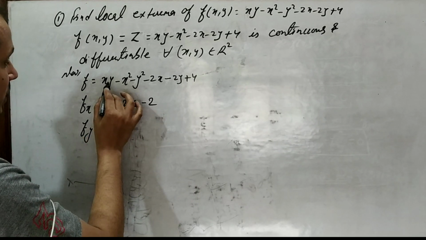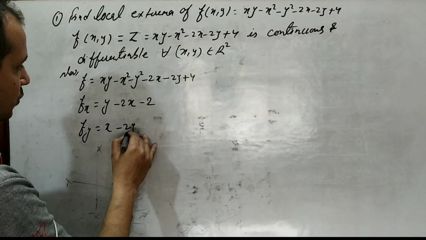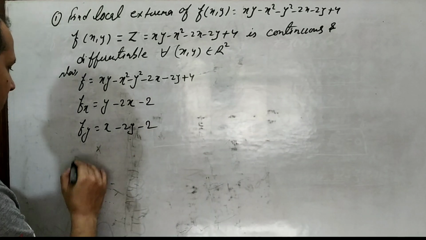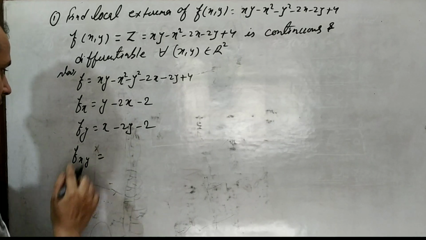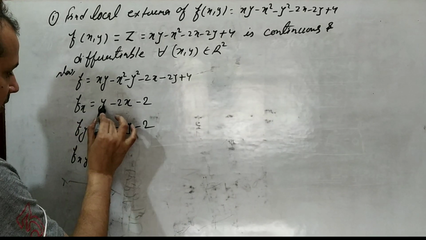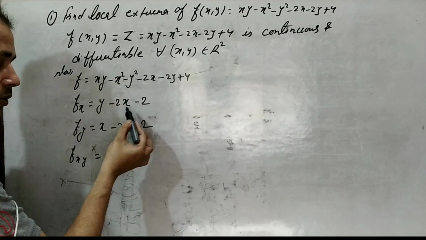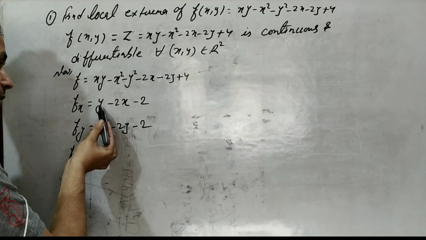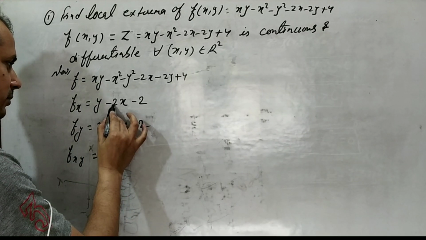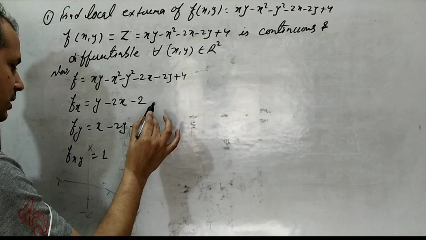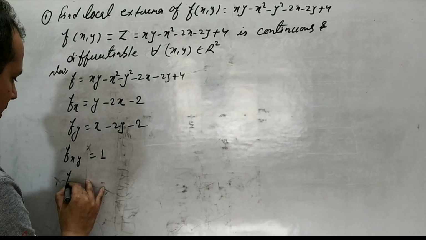Similarly, for fy, y is variable, x is constant, here we get x minus 2y minus 2. Again we need fxy. It means we have to differentiate this with respect to y. When we differentiate this with respect to y, y with respect to y will be 1, and the rest are constant. We get fxy equal to 1.